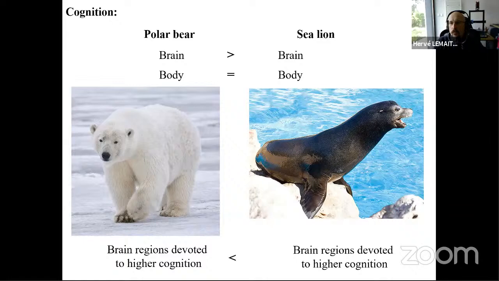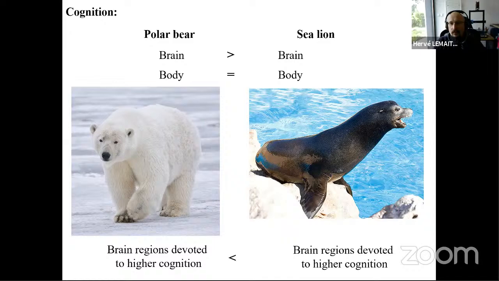So we often say bigger brain, higher cognition. As I stated before, one of the main factors of this change of brain-body allometry was not so much cognition, but locomotion.